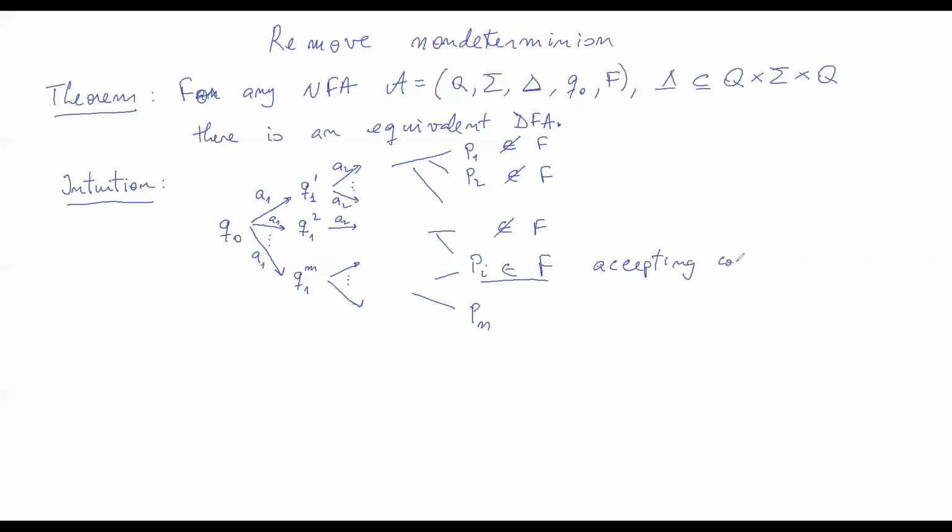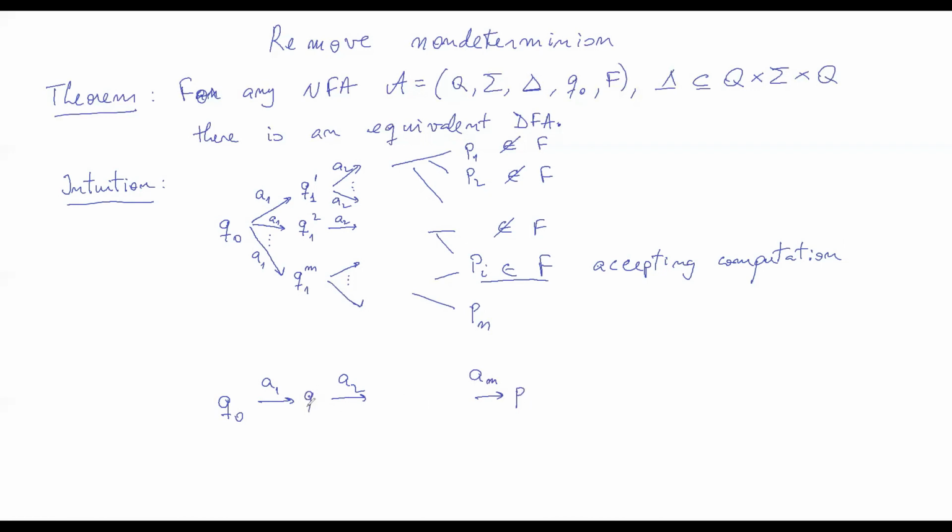So what I'm claiming now, and I would like to show to you, is that this can also be done with a deterministic automaton. So in other words, what we would like to have is some sort of an automaton which goes letter by letter from state to state, and eventually reaches some state, and all of these things are done deterministically.